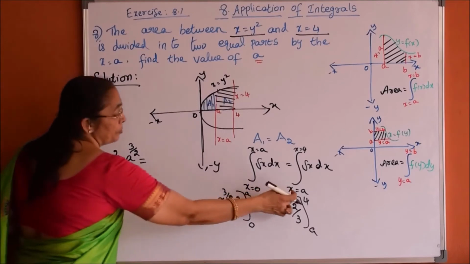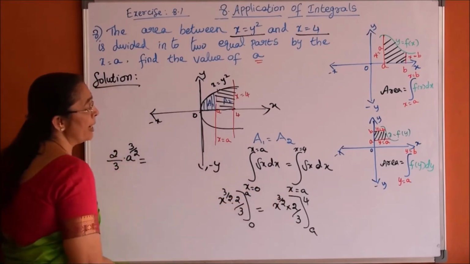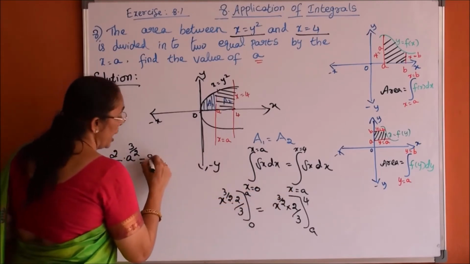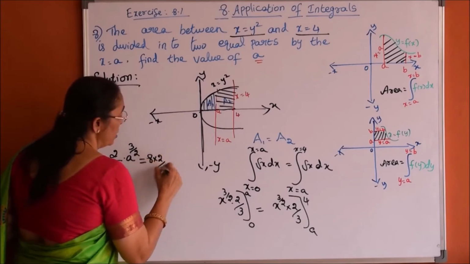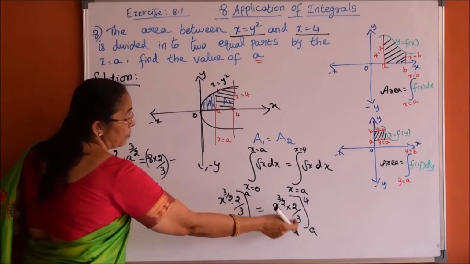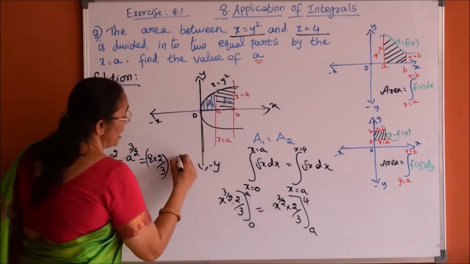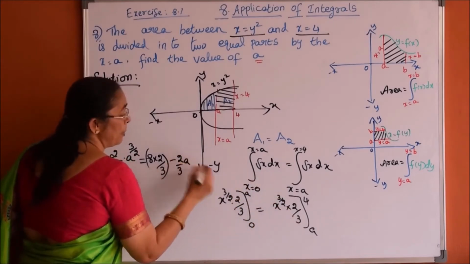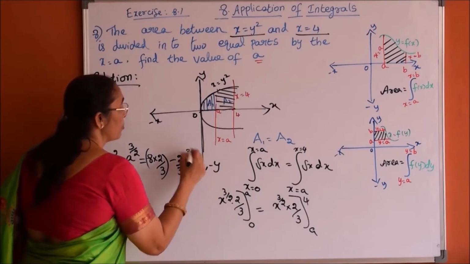So, 4 to the power of 3 by 2 is 8, so 8 into 2 by 3, minus the lower limit a, that is minus 2 by 3 a to the power of 3 by 2.